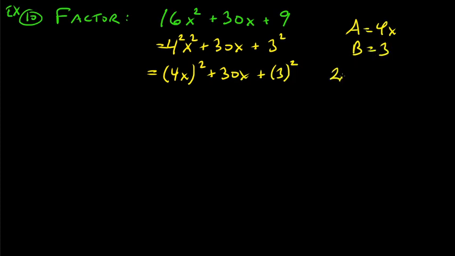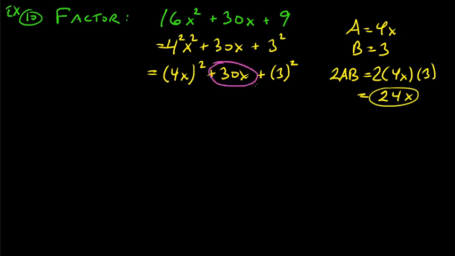Okay, so let's check 2ab. This is a positive this time. 2 times 4x times 3 is 8x times 3. 8 times 3 is 24x. Oops, that's a problem because the middle term here is not 24x. These are not a match. So yeah, this is not a perfect square.